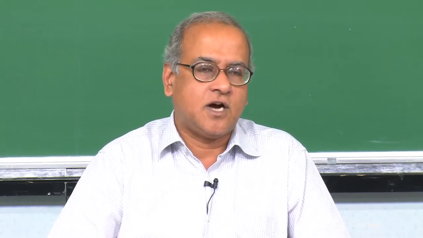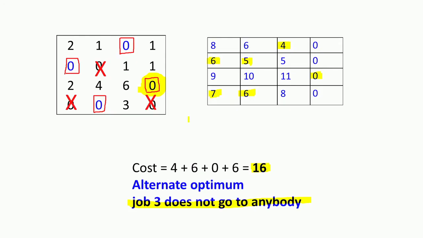The dummy row or dummy column, sometimes more than one, will have cost equal to 0, and then you solve the assignment problem till you get the optimum solution, and finally realize whether a job is not going to anybody or a person is not getting a job, depending on which one was more than the other. So, this is how you solve an assignment problem when you have an unequal number of jobs and people, or an unequal number of both these tasks.